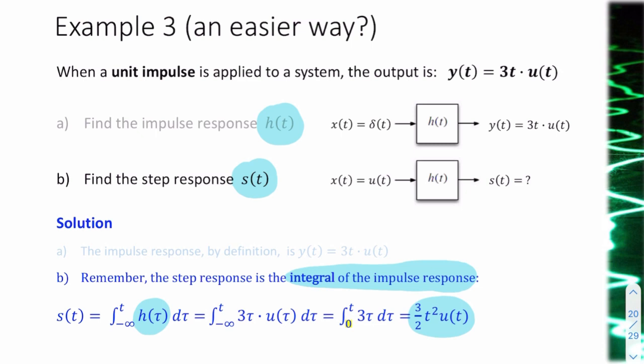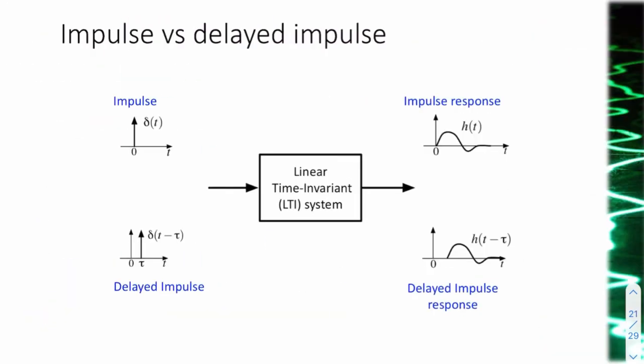A few more slides to go. If you have an impulse applied to an LTI system, the output is called the impulse response. That's the definition that I keep banging on about, okay? So if I have this impulse, I have some output, that's my impulse response. Now, if my input is delayed by tau seconds, because I have a time invariant system, the response will also be delayed.